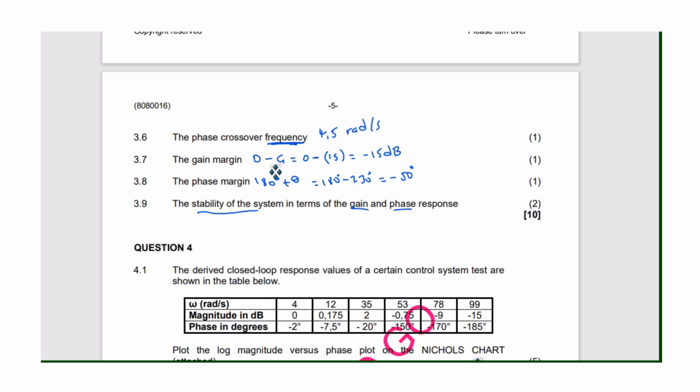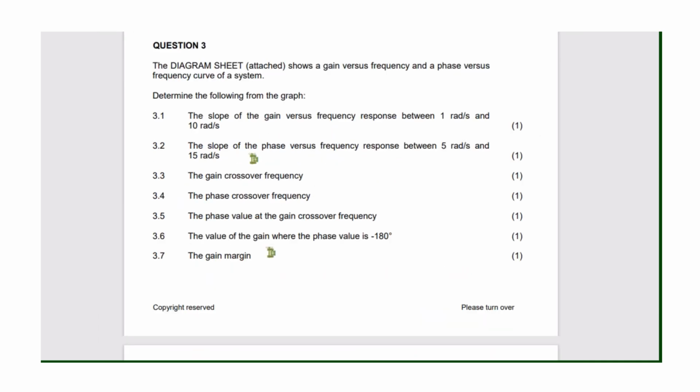That's what they want. It's only stable if both of them are positive, not one positive, one negative. The moment there's any negative, it's unstable. I hope that's clear. Let's do the last one to keep the video short.